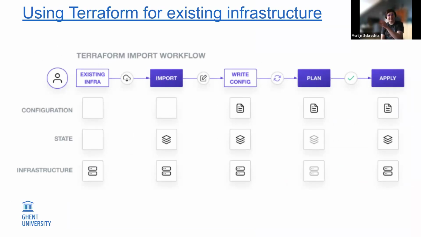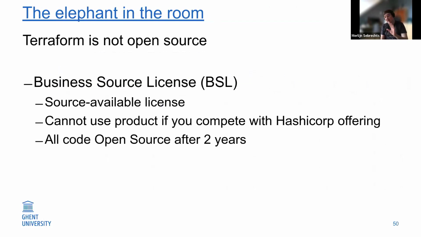If you already have cloud infrastructure and you want to start using Terraform to manage that cloud infrastructure, you can actually do that by using the Terraform import functionality. This allows you to import already existing cloud infrastructure into Terraform and then create a desired state configuration from that.